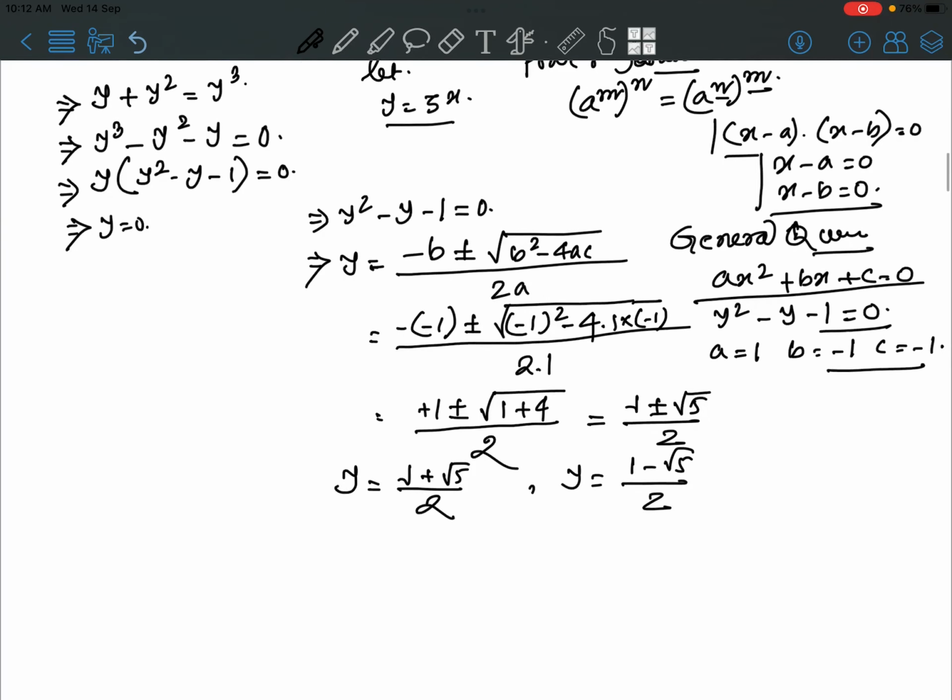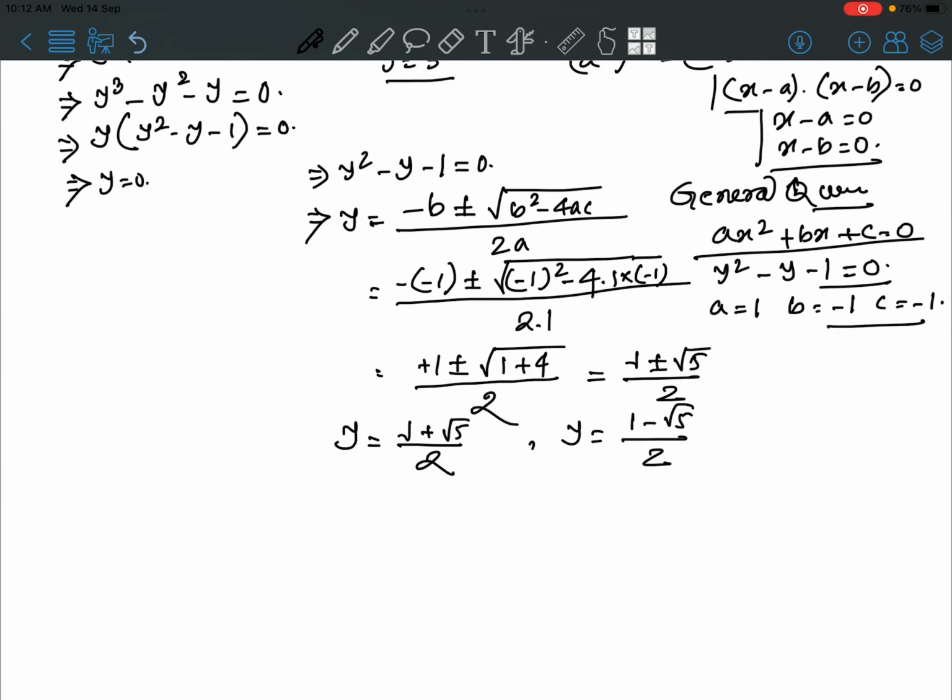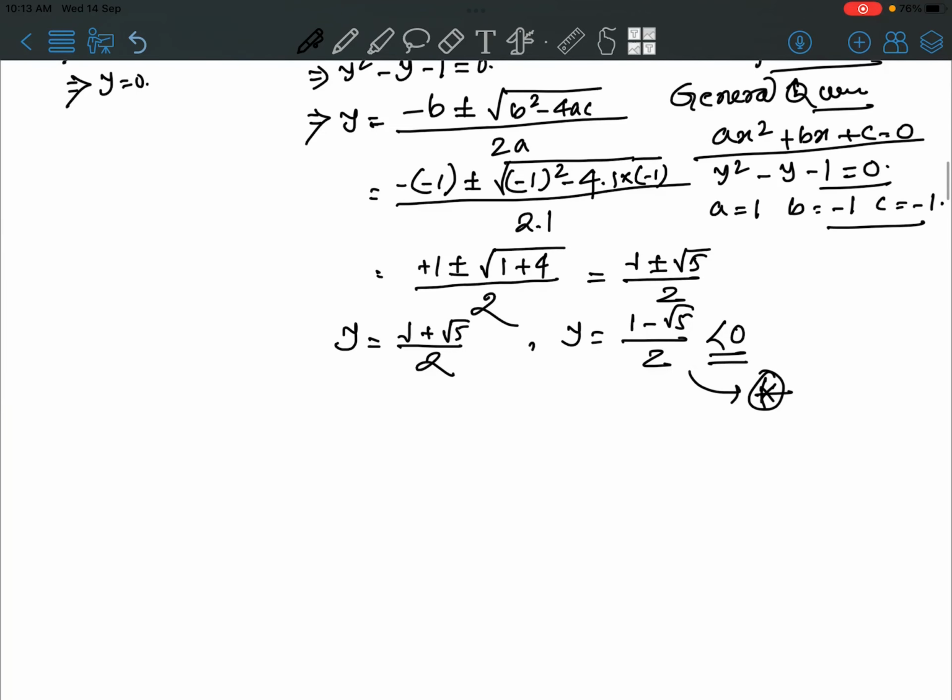So (1 minus root 5) by 2 is less than 0. That is why we are not going to take it. So we will not consider y equals (1 minus root 5) by 2. We will take y equals (1 plus root 5) by 2. So what did we take y equal to at the inception?